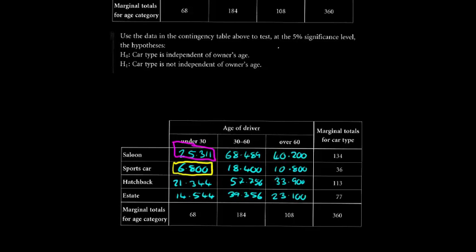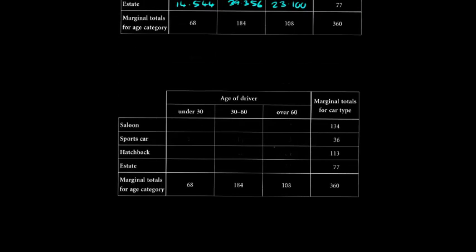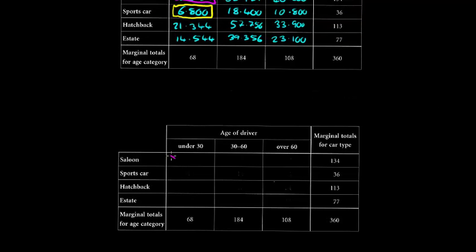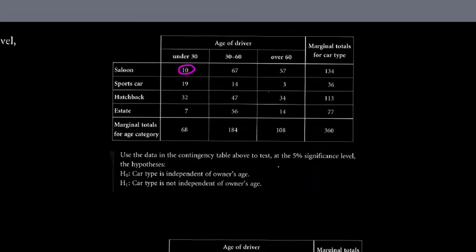To do that, I'm going to need to fill out this little table with all of those values. Again I'll do it for this first cell: I take 10, my original value, the one I observed.